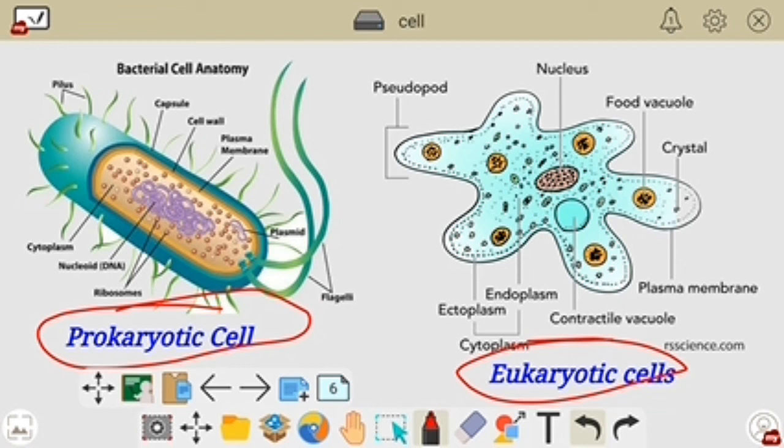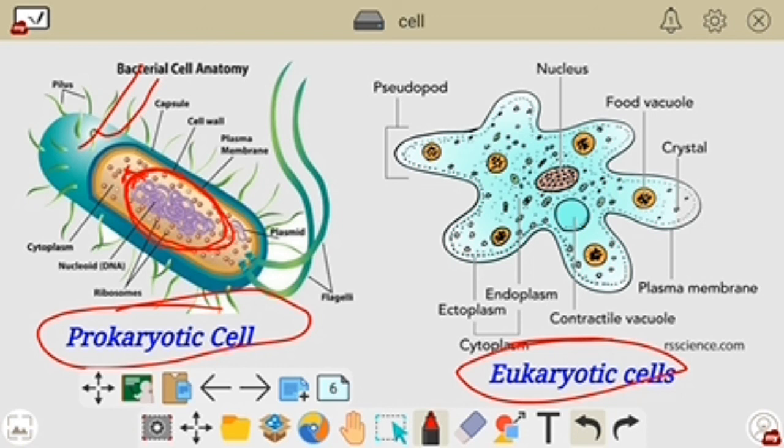It is a simple structure and it is more primitive than the eukaryotic cell. As you can see, this is the cell structure of a bacteria. These are the nuclear material, but it does not have a nuclear membrane. It is open and in direct touch with the cytoplasm. So these are called prokaryotic cells.